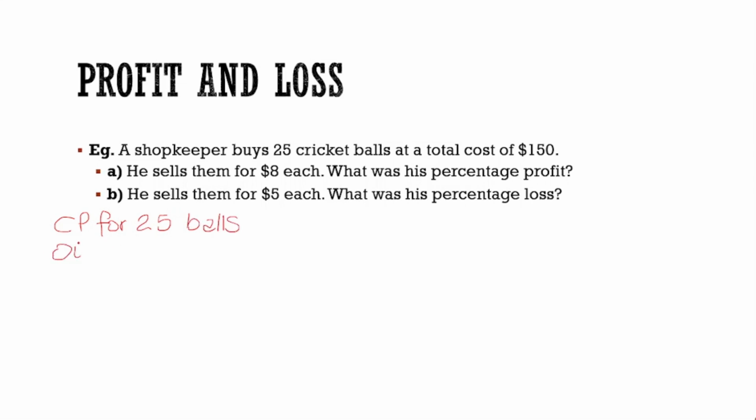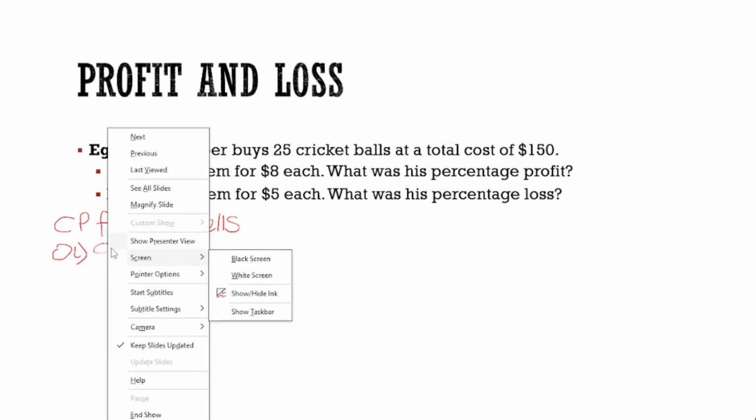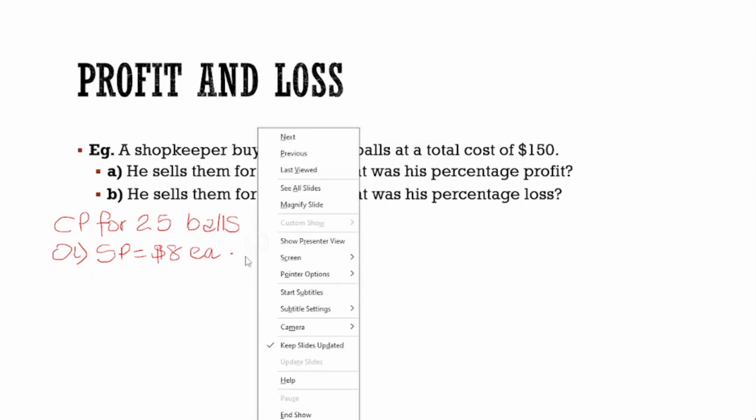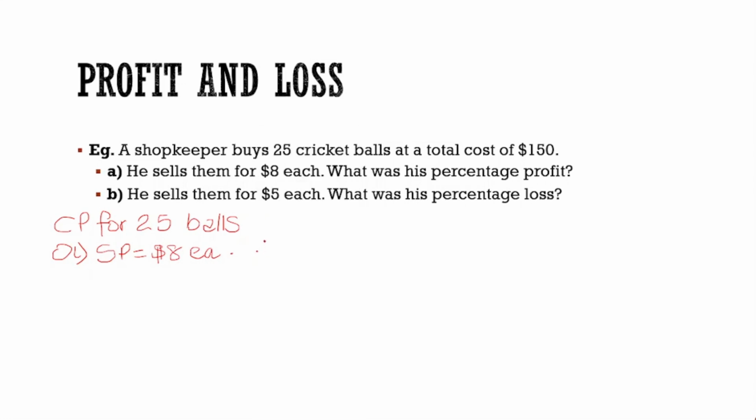In part A, we're told that he sells each of them for $8. So therefore, the selling price, which is SP, is going to be equal to $8 each. We therefore need to find out what the selling price for all 25 balls is going to be.